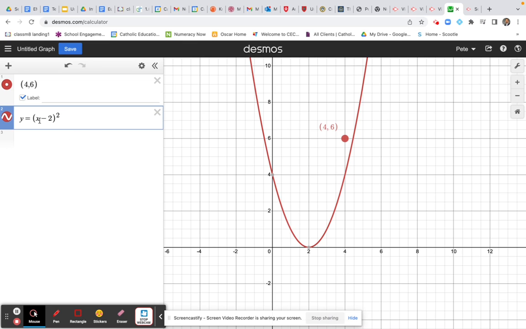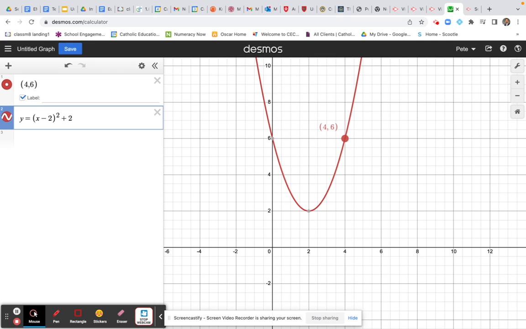If x is 4, 4 minus 2 is 2. 2 squared is 4. So we're going to have to add 2 to it to get to 6. And now suddenly, instead of the vertex being at 0, 0 or on the x-axis, like all the other ones we had, the vertex is a bit off the x-axis there.